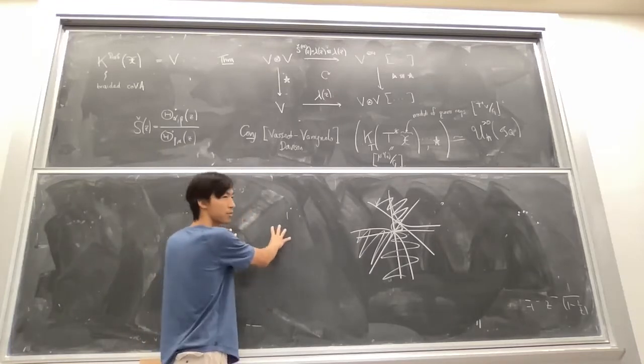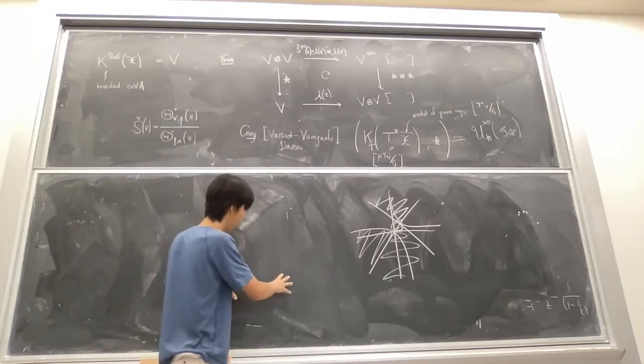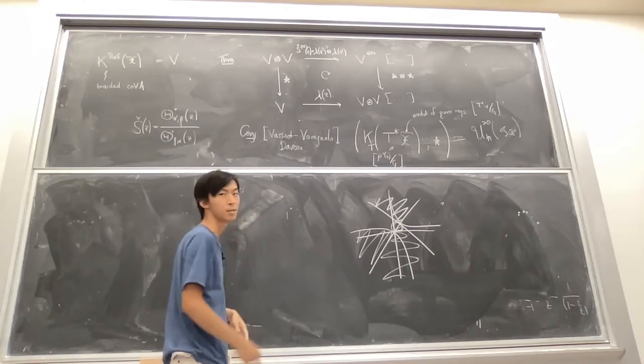If you pair an algebra with a coalgebra, you get a bialgebra. If you pair a vertex algebra with some coalgebra, you get some notion of vertex bialgebra.